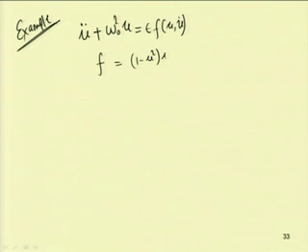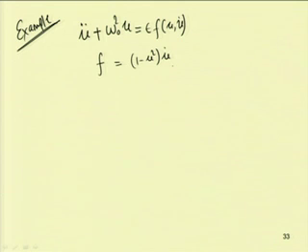So, u double dot plus omega 0 square u equal to epsilon f of u, u dot. In case of the van der Pol equation, this f can be written equal to 1 minus u square into u dot.